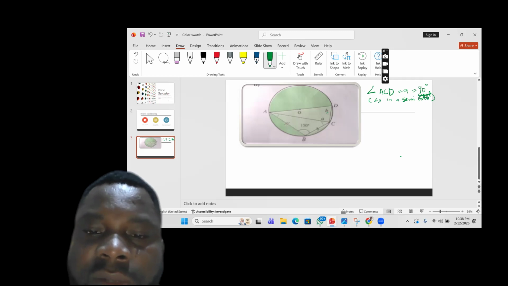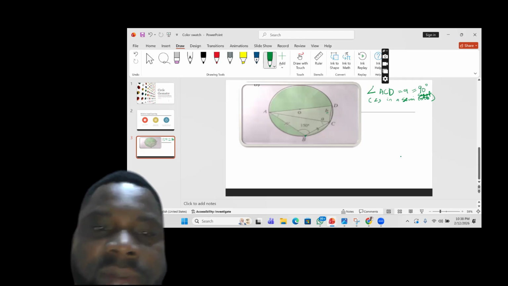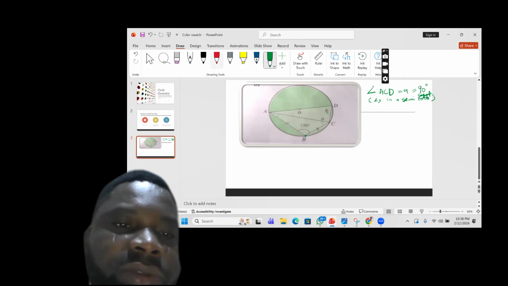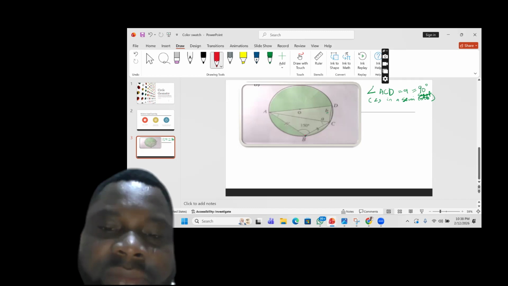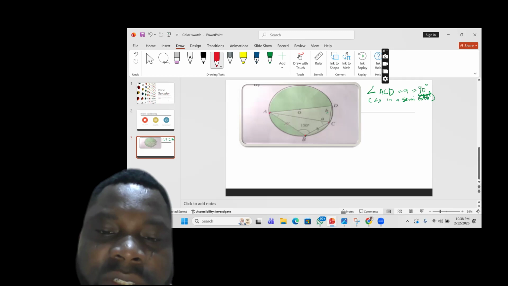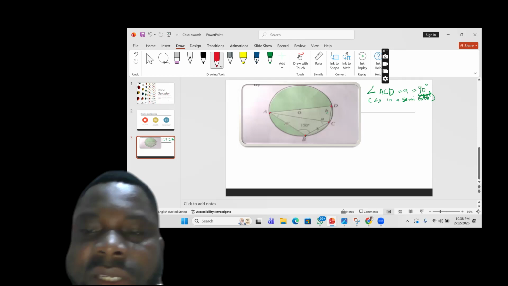Okay, so now you see that this is a quadrilateral. Let me use red. You see this point here, this point here, and this point here is a quadrilateral.